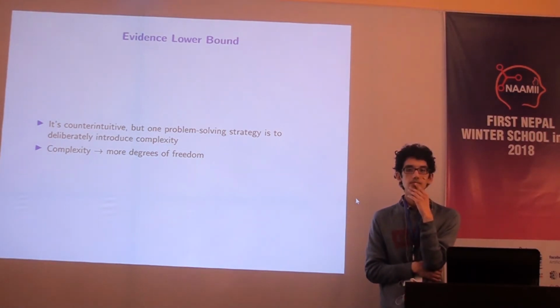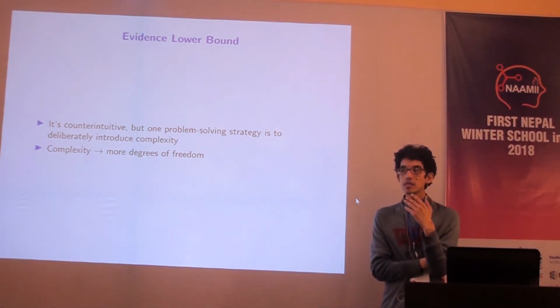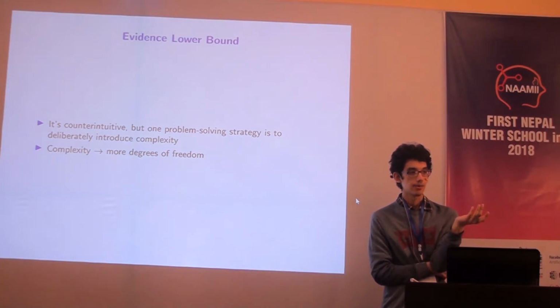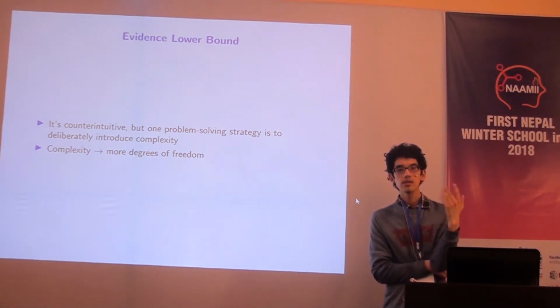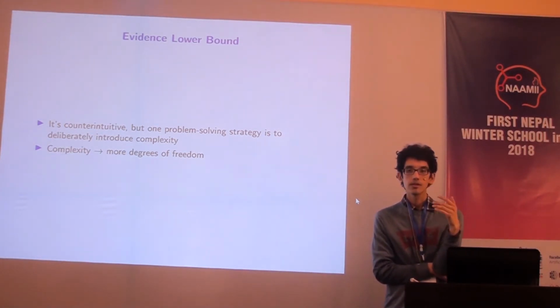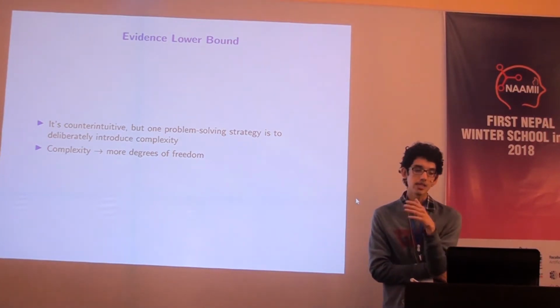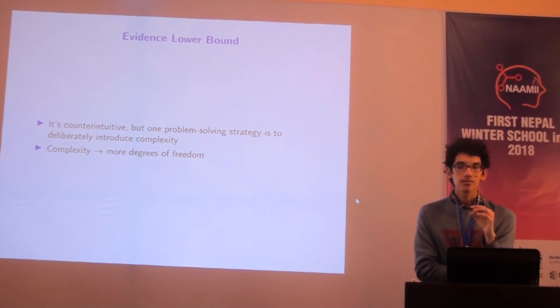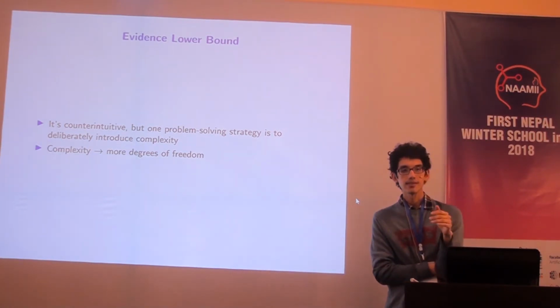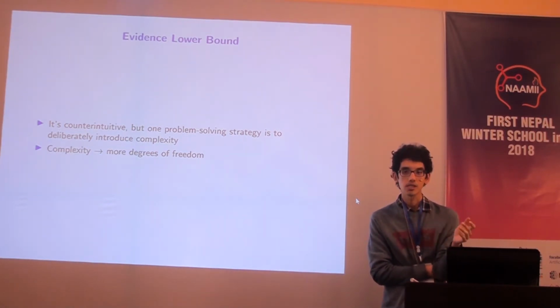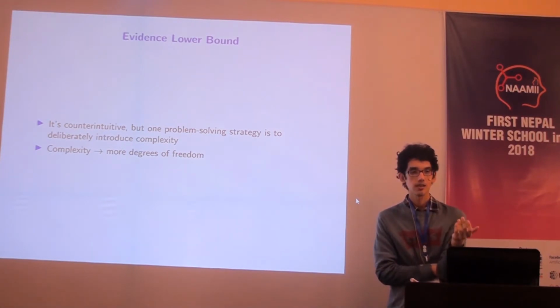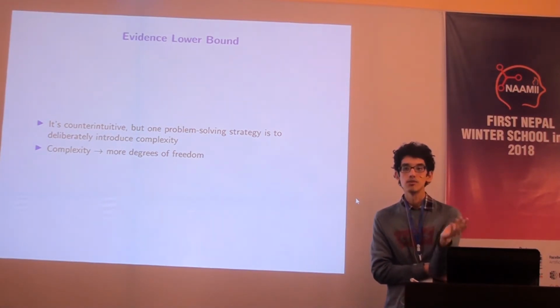Okay, so you would think that you're stuck at this point. You would think that there are too many terms to do the sum over, and there's no way I'm actually going to be able to do maximum likelihood. But people have been thinking about this for a long time, and there's a problem-solving strategy that comes up in a lot of situations: when you think you're stuck, give yourself some more room.